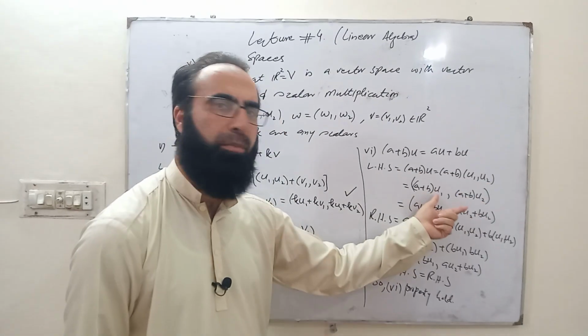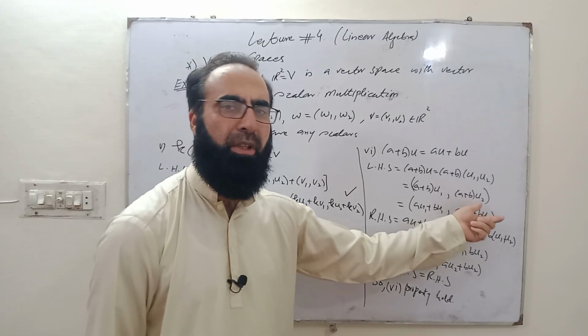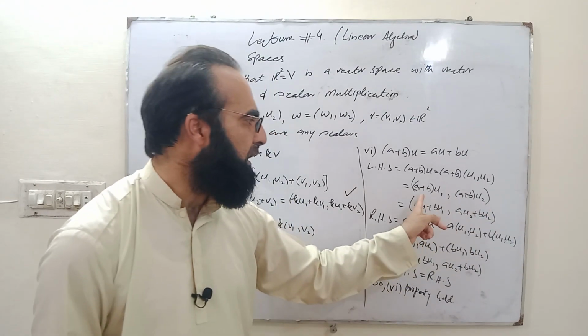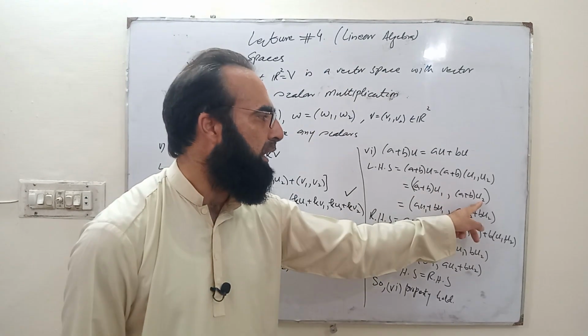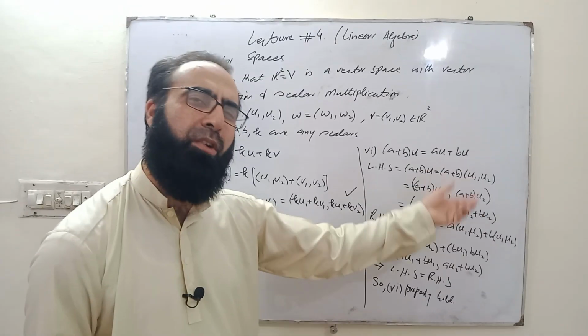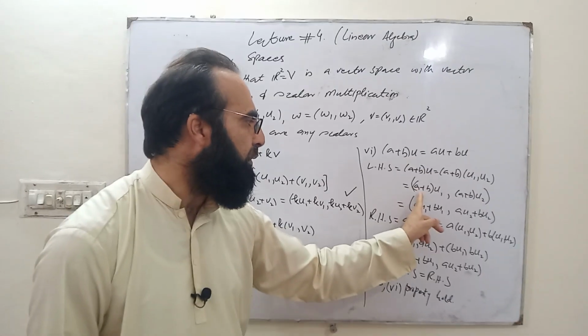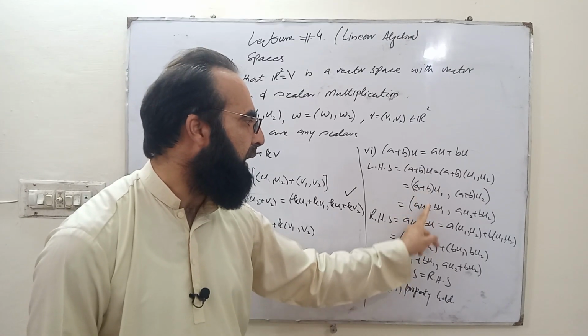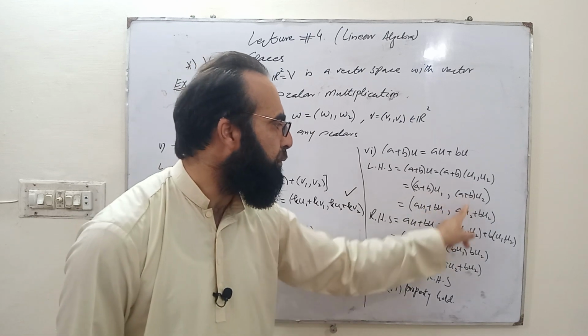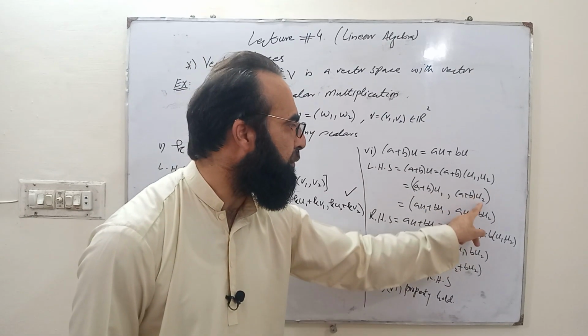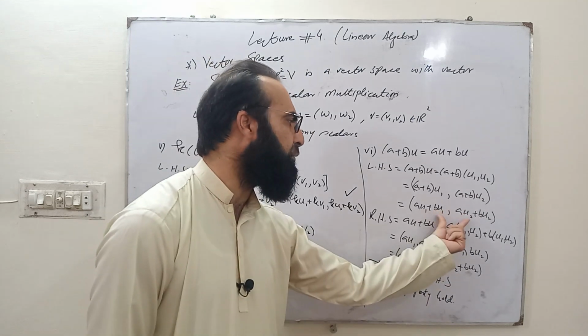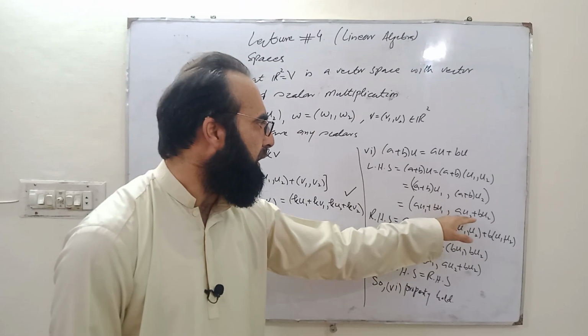You will get (a plus b) times u1, (a plus b) times u2. Since we know that a, b are scalars, and u1 and u2 are also real numbers, we can multiply them. So this will give you au1 plus bu1, au2 plus bu2. So this is our left side.